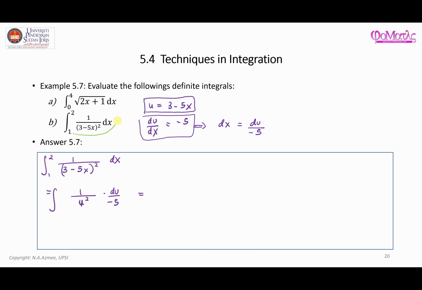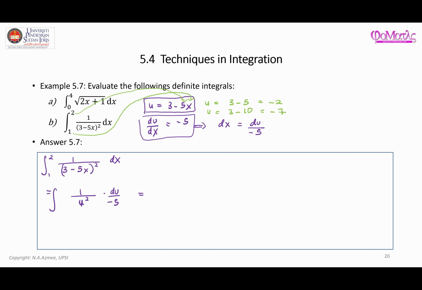When x is 1, u is going to be 3 minus 5, which is negative 2. When x is 2, u is going to be 3 minus 10, and this is going to be negative 7.